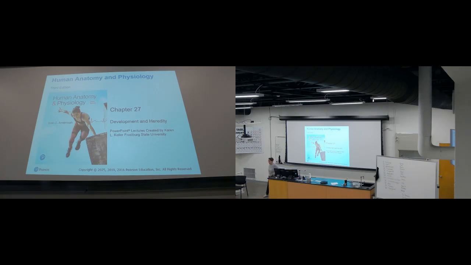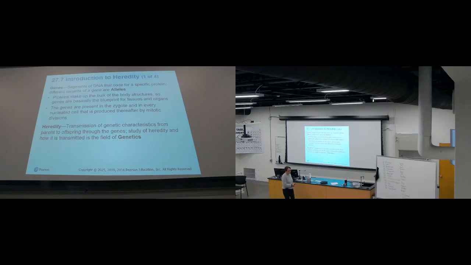So chapter 27 is about development and heredity. In this chapter, we're going to start by looking into the structures that lead to the formation of a human being, including at the molecular level, which are genes.